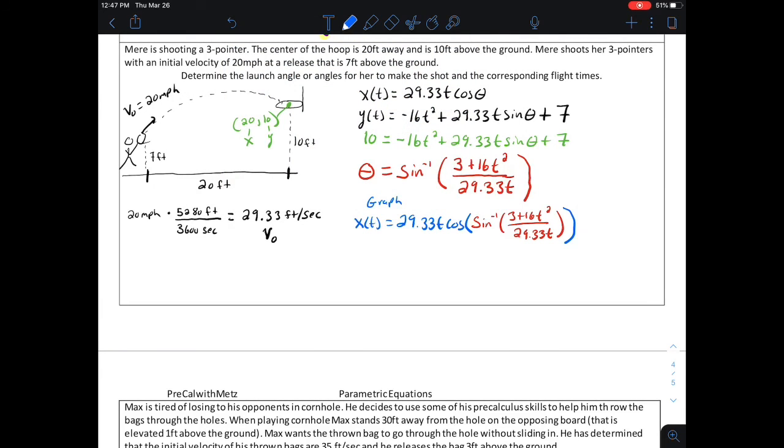Now, we also know that we're not trying to maximize distance here. It has to go exactly 20 feet. So at the same time, I'm going to graph x equals 20, and I'm going to look for intersections.